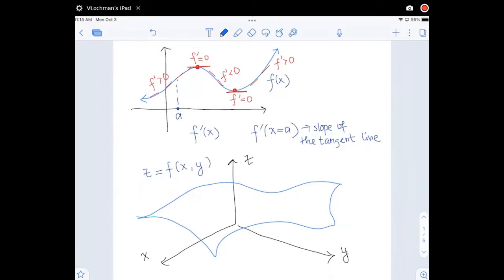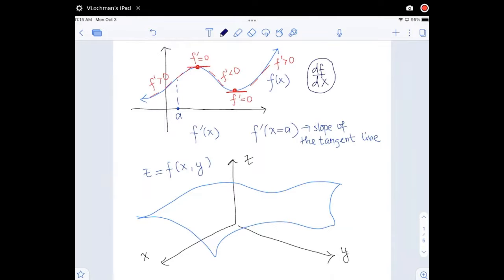So here we had f prime, or we also would say df dx. This old-fashioned notation says take the derivative of function f with respect to x.